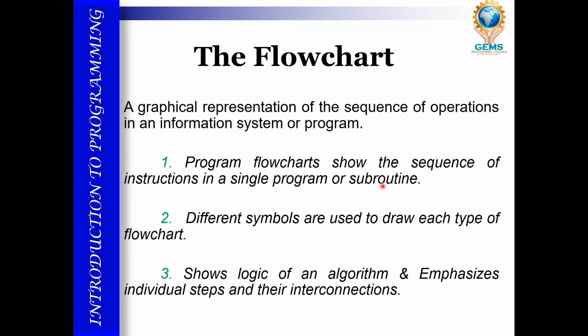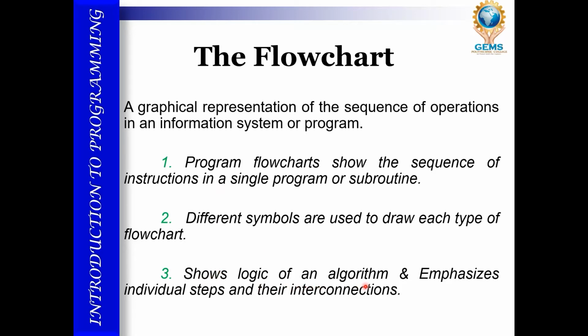The second point says that different symbols are used to draw each type of flowchart. That means each symbol has its own meaning, its own value, and carries its own identification in terms of flowchart. The third point says that the logic of an algorithm emphasizes individual steps and their interconnections. That means a flowchart shows the logic of an algorithm.